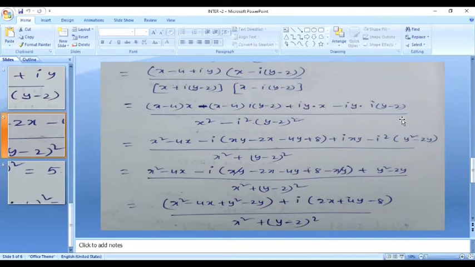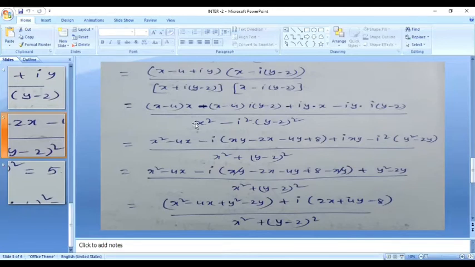Now for the denominator, it is of the form a plus ib into a minus ib, which is a square plus b square. We already know the simple formula that a plus b into a minus b is a square minus b square.